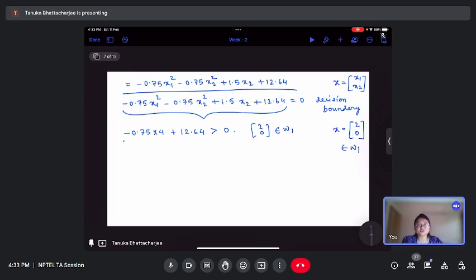If that is positive, your sample belongs to class omega 1. If that is negative, your sample belongs to class omega 2, because if this is positive, then g1x is greater than g2x. The unknown sample is 4.5 1, so your x1 is 4.5 and your x2 is 1. You can simply put those in this expression and compute whether this is greater than 0 or less than 0.